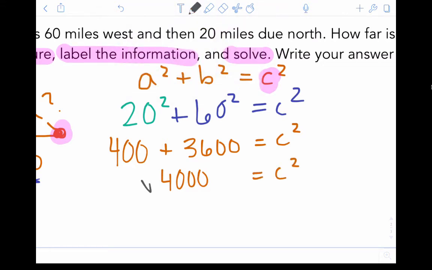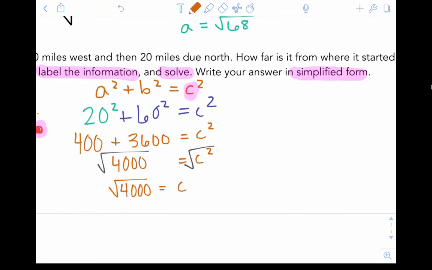Now I need to square root both sides. Square root of 4,000. I don't think that that is a perfect square. So I know right now that square root of 4,000 is equal to c.